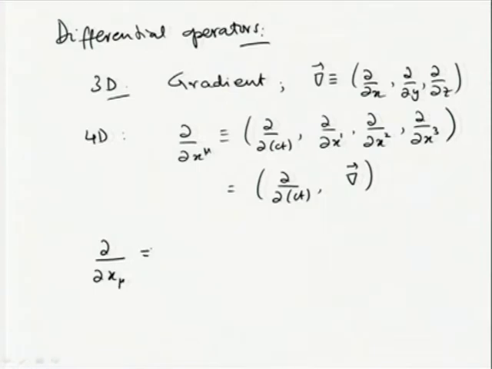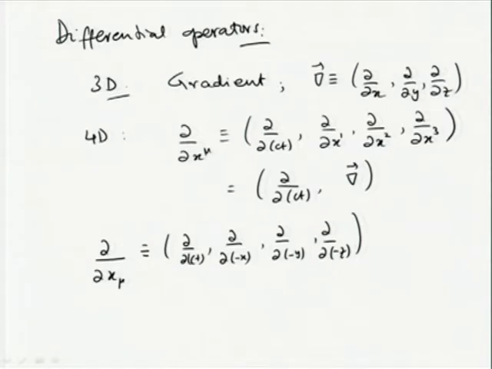If you take the derivative with respect to the covariant x, you will have ∂/∂ct, ∂/∂(-x), ∂/∂(-y), ∂/∂(-z), because the spatial components of covariant x_μ are -x, -y, -z. This is essentially ∂/∂ct minus the gradient.